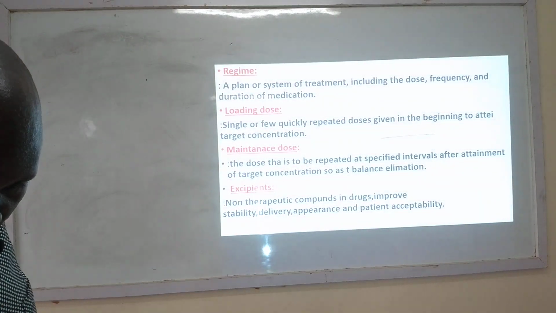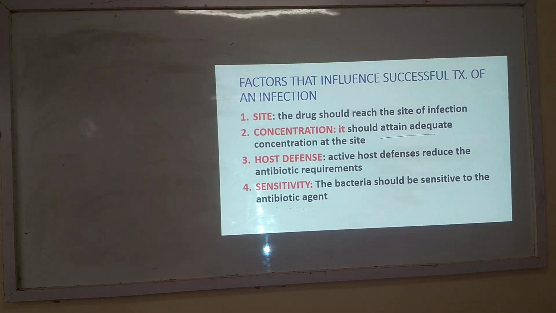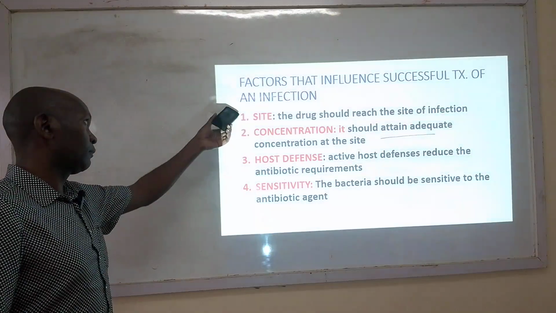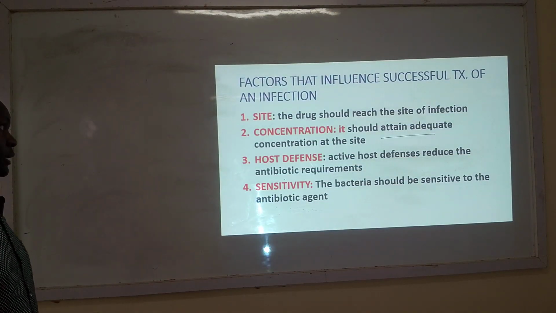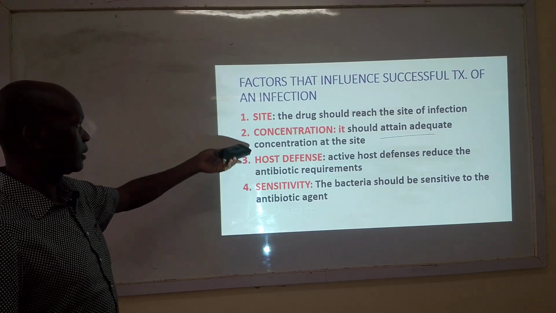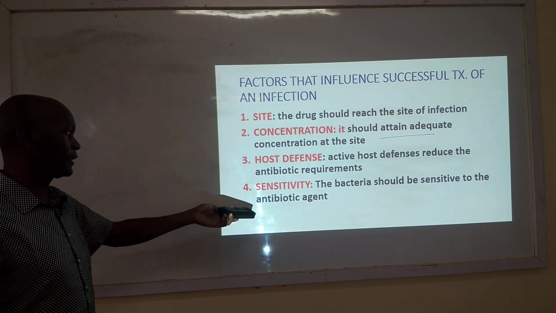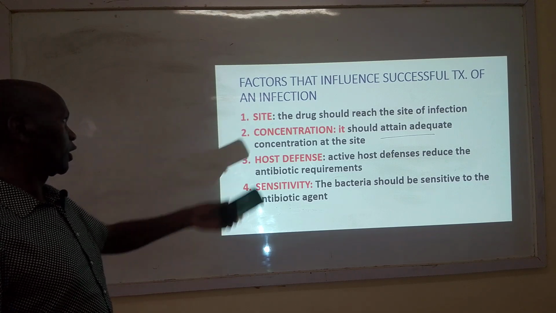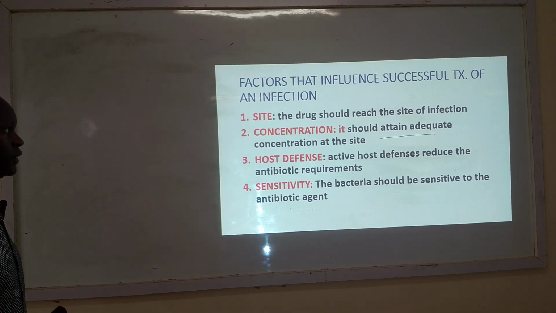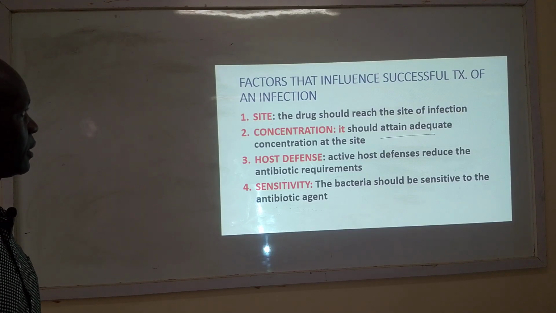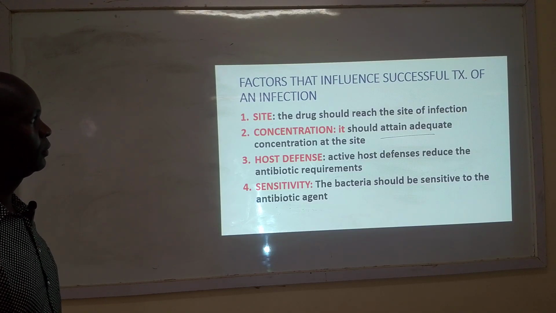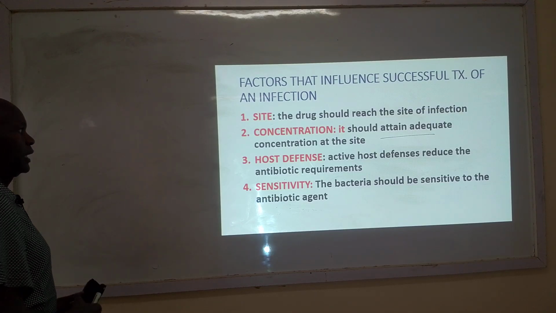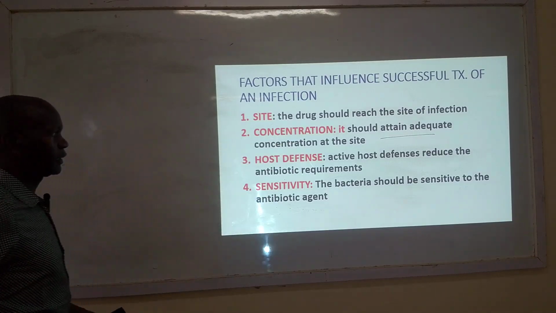We have factors which influence successful treatment of an infection, and they are site, concentration, post-defense, and sensitivity. So the drug must reach the site of infection if you want to treat that infection successfully. Two, you must ensure that you attain adequate concentration.